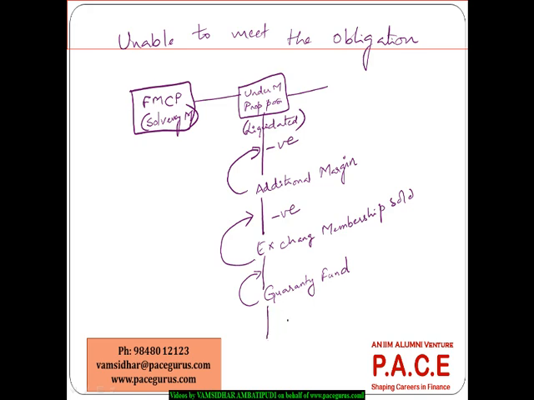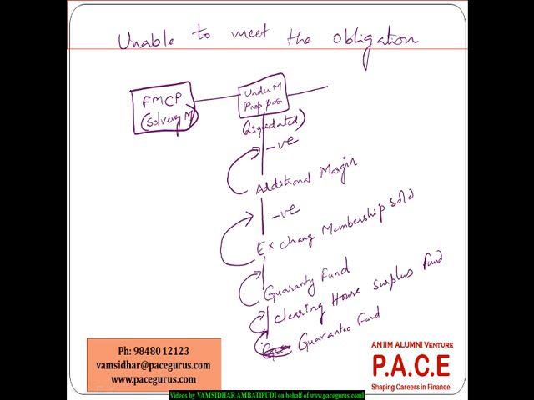Even in case of a further default, the clearinghouse has some kind of surplus fund that would be used for the payment. Even in case of further deficit, the guarantee fund of the other members would be used for the settlement process.